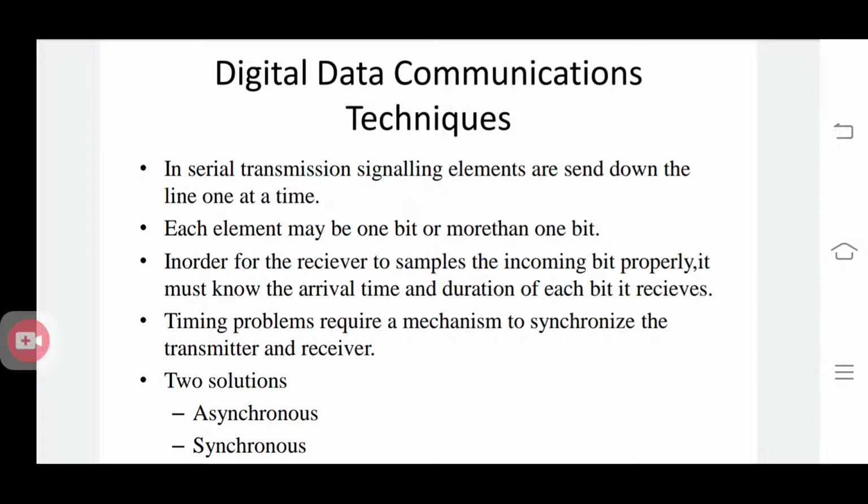In order for the receiver to sample the incoming bit properly, it must know the arrival time and also the duration of each bit received. So a timing problem will occur. To avoid this timing problem, we need a mechanism to synchronize the transmitter and receiver. So for proper transmission between the transmitter and the receiver, there is a need of synchronization to avoid some timing problems.